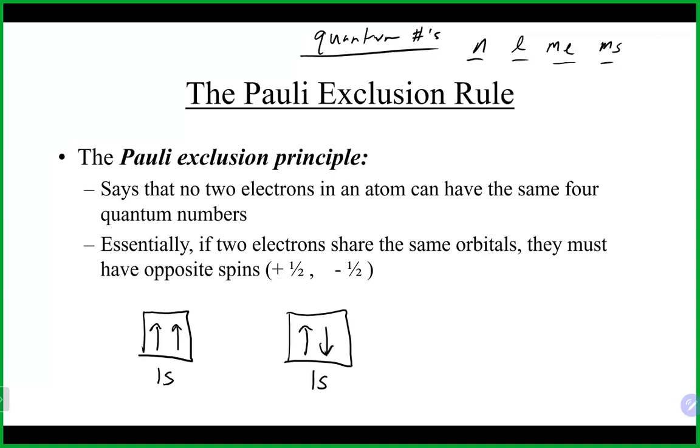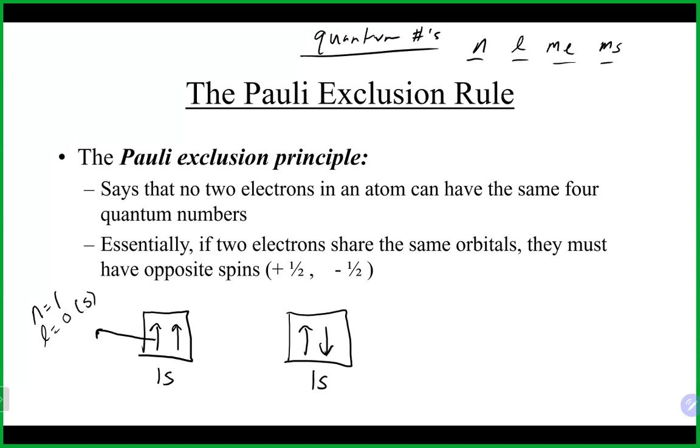Just to show you why we would not do the first option, since they're heading in the same direction, they would have the exact same four quantum numbers. For this electron here, the n value would be 1 because it's on the first energy level. The l value will be 0, and 0 for l represents that it's in an s orbital.